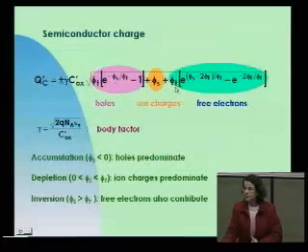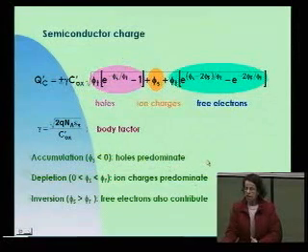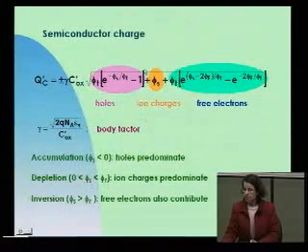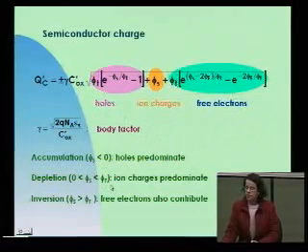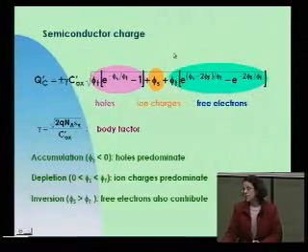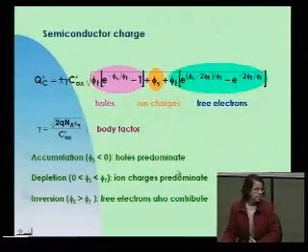Okay, then when the surface potential is negative, this exponential will predominate over all the other terms, and the holes predominate. If the surface potential is positive but still under the Fermi potential, then the contribution of the holes will be negligible, but the contribution of the free electrons is not important yet, and the ion charges will predominate.